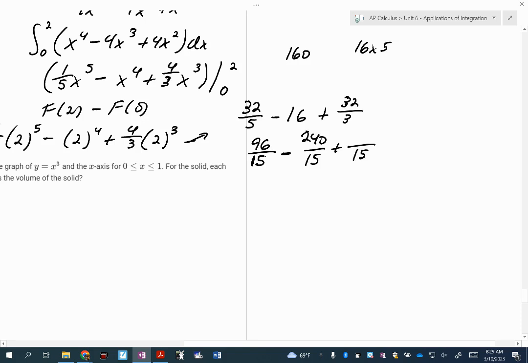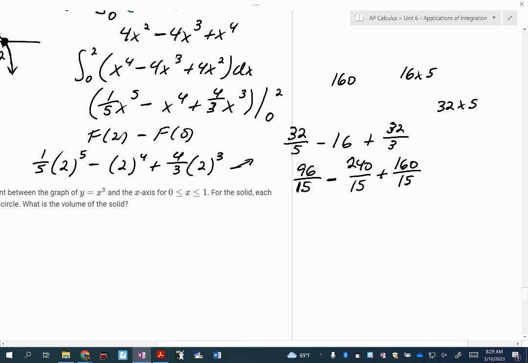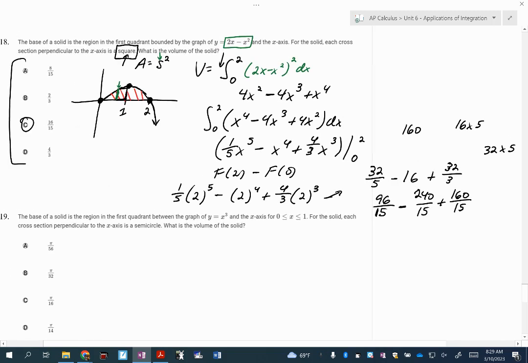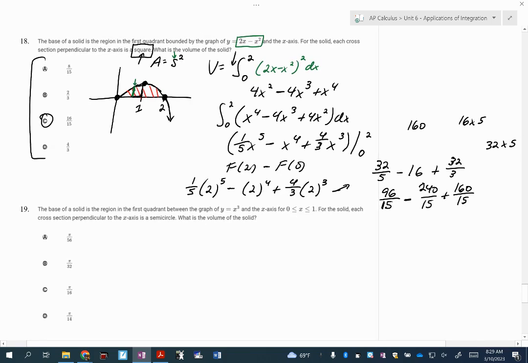And then this last one times 5, 32 times 5. 30 times 5 is 150, 2 times 5 is 10, so 160. I think this is going to give me the right answer. So that's going to give me negative 240, 160 minus 240. Yeah, we did it. That's 16/15. So I did get it right. Sorry about that. Just had a moment of, do I really want to multiply 16 times 15? Sure enough, I did. All right, so that's 18 for that one.